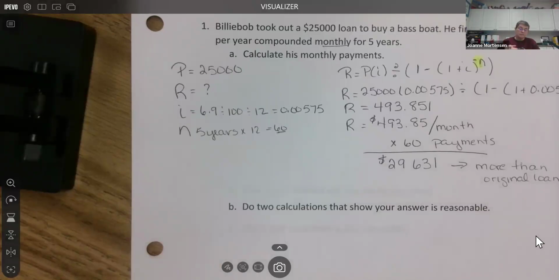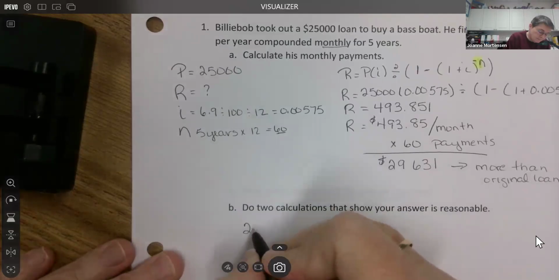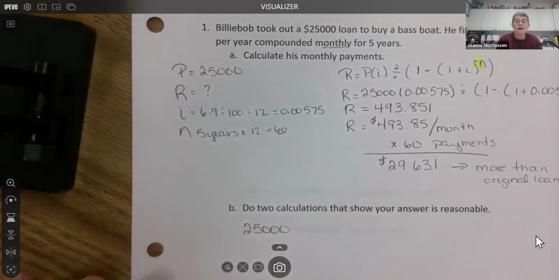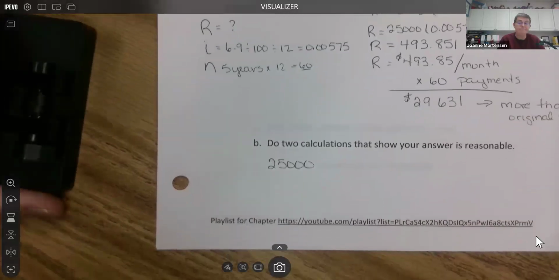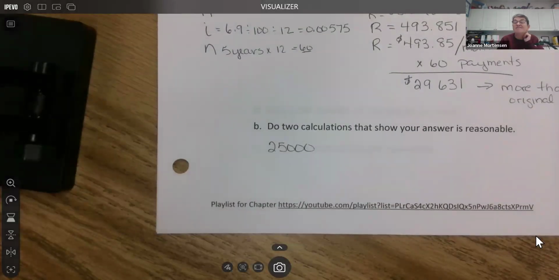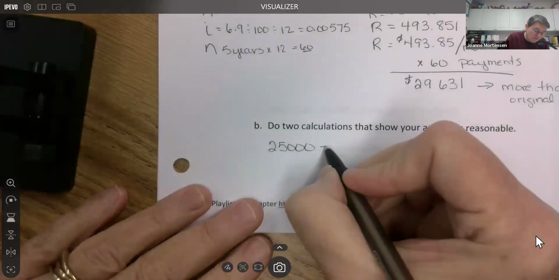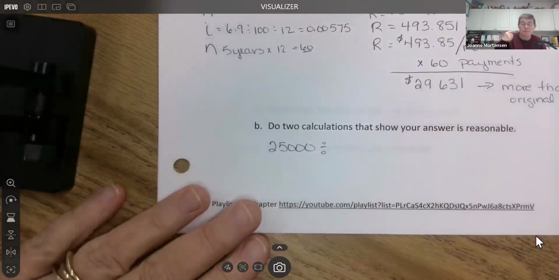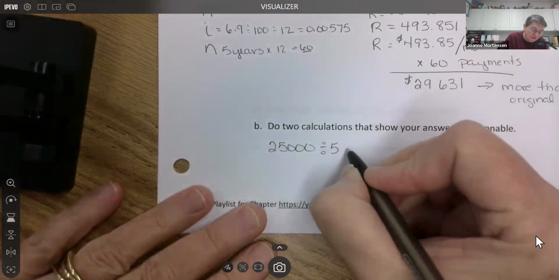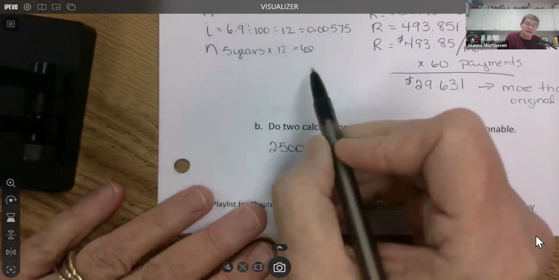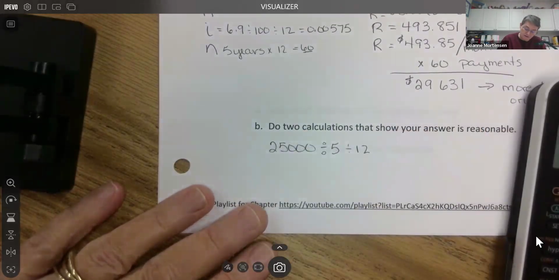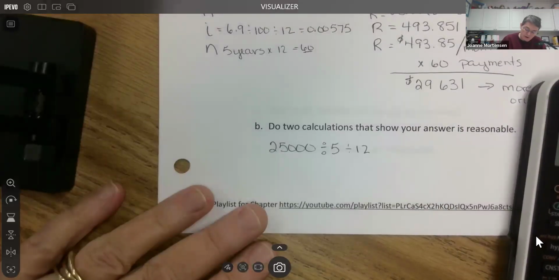Another way to do it is I can say, well, maybe I have a really rich benefactor. Maybe my best friend is really rich. She's not, but maybe she was. What if she said, I'll give you an interest-free loan? Okay, still going to be over 5 years, still going to pay her monthly. So I'm going to divide this. Well, this is what my brain says. Over 5 years and every month, or again, I could have just divided by 60. 25,000 divided by, I'll do it same as my calculator, divide by 12.